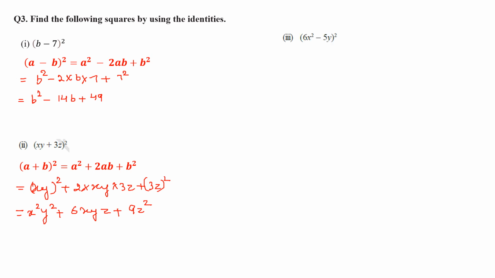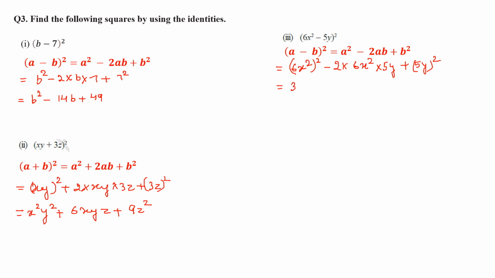Now moving to the third question, it is 6x square minus 5y whole square. So again it is based on the identity a minus b whole square. So it will be a square minus 2ab plus b square. So it will give me 6x square whole square, because your a is 6x square, minus 2 into 6x square into 5y, plus 5y whole square.